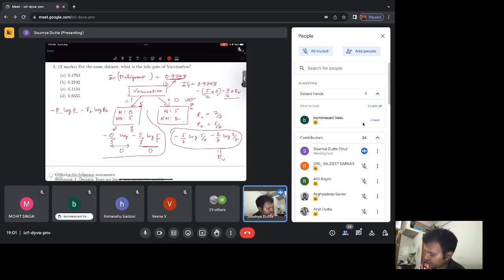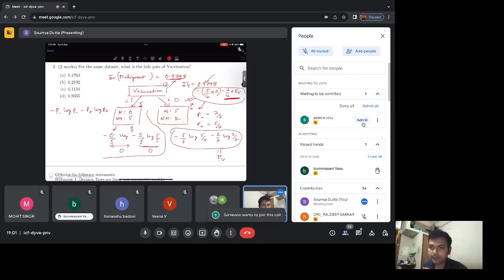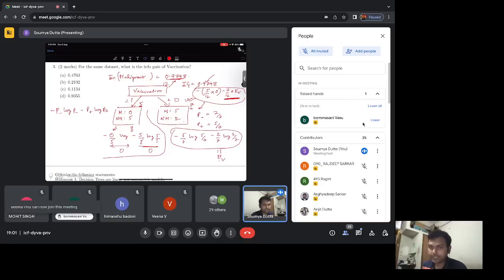That is the total entropy at this stage. You already had the entropy of 0.9798 before. You subtract these two entropies and you get the information gain. That is how you calculate the information gain.